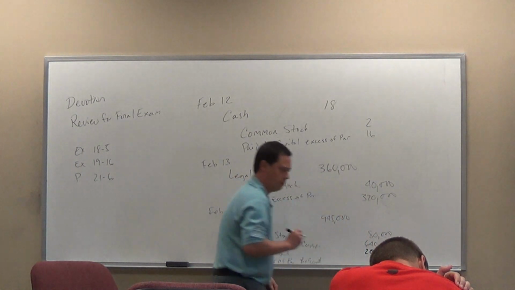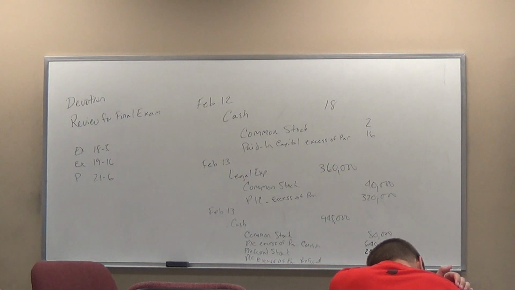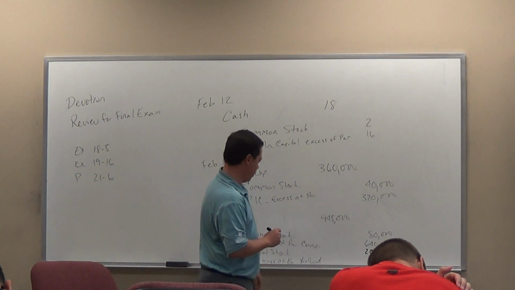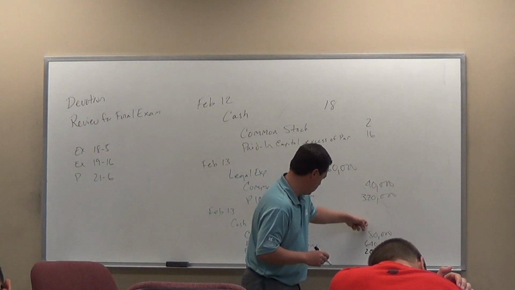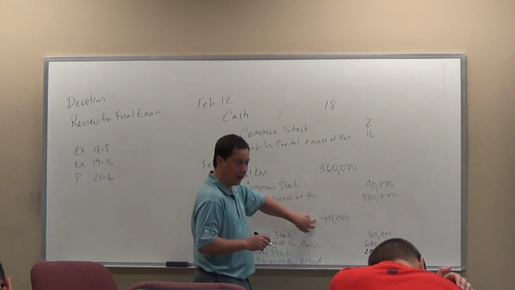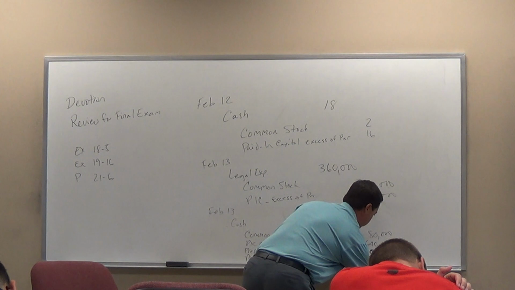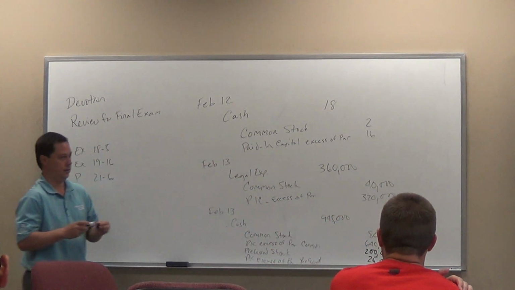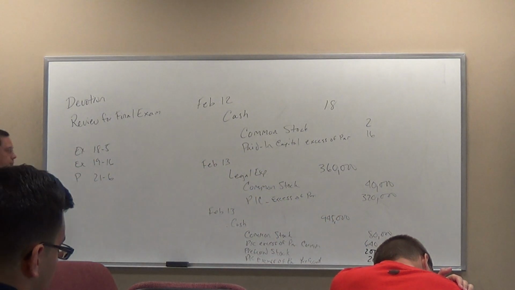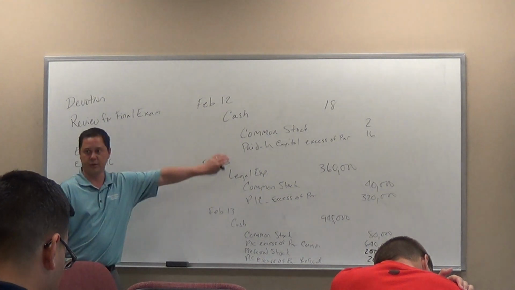And then what is the excess over par there? It's the rest. 920 versus 945, so I get 25,000. So that's how you do each of those.